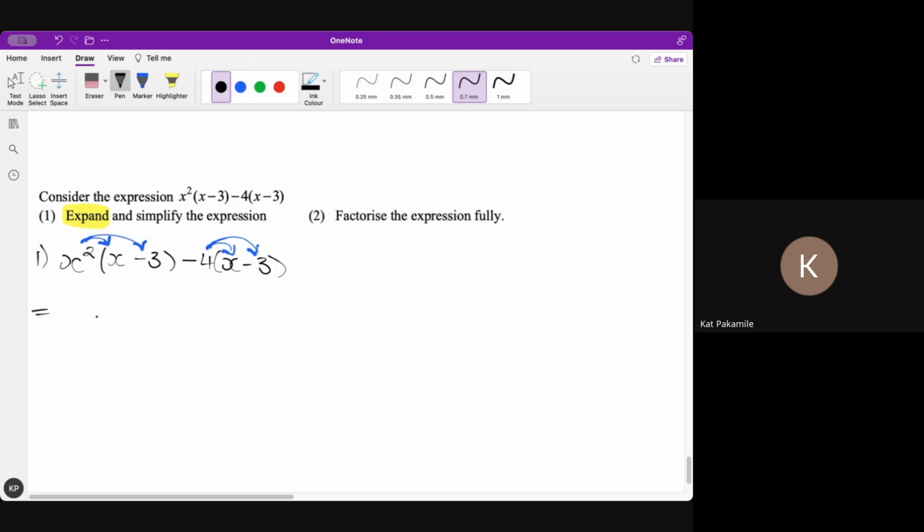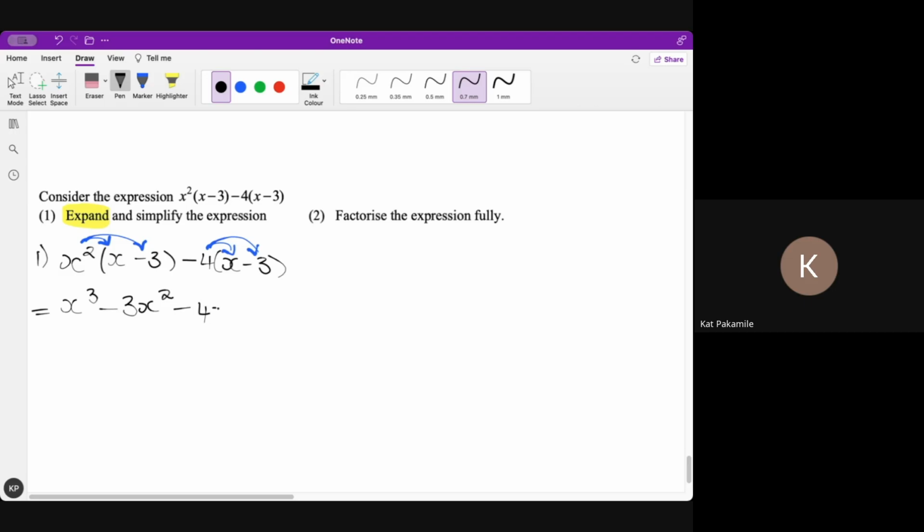So then, what's x squared times x? X squared times x would be x cubed minus 3x squared. And then negative 4 times x is negative 4x.